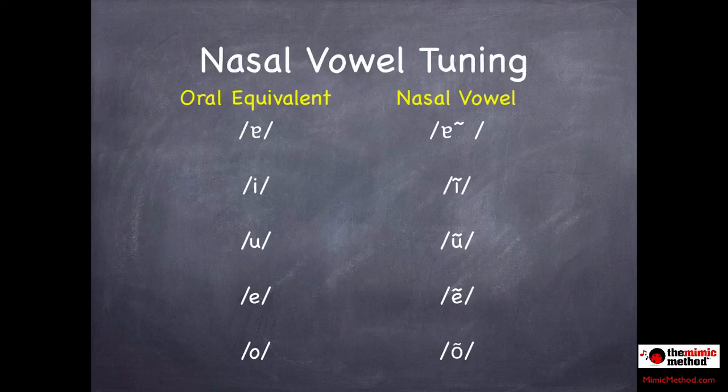You may struggle with some vowel sounds more than others. Once again, just be patient and try to drill as often as you can. And eventually, you will build the muscle memory to hit all of these sounds easily.